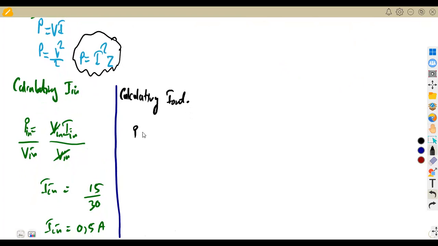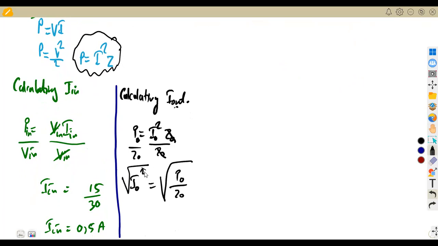At the output, we want to calculate the current, so divide by Z out on both sides. The output current squared is equal to power over impedance. Introduce the square root to remove the square. So the output current is the square root of Pout over Zout.